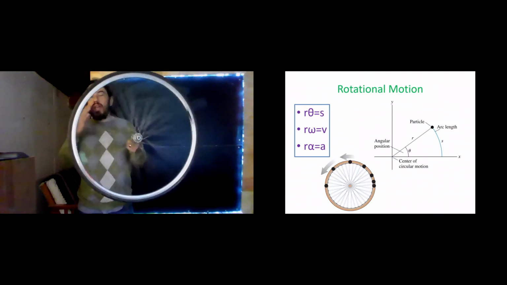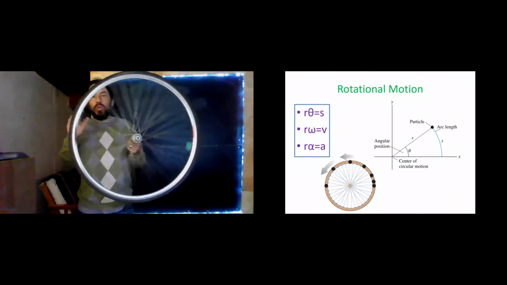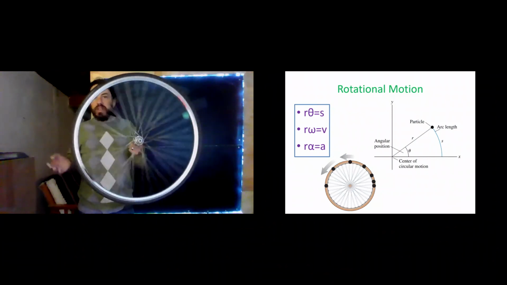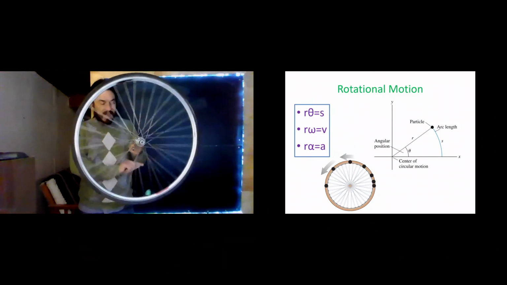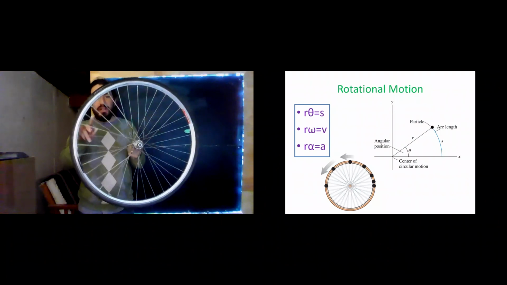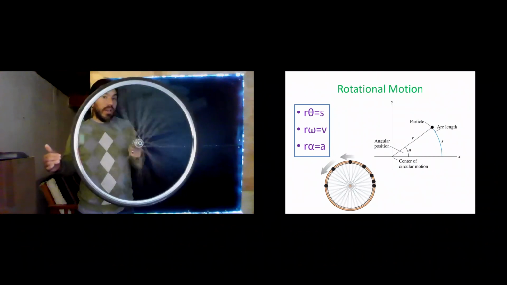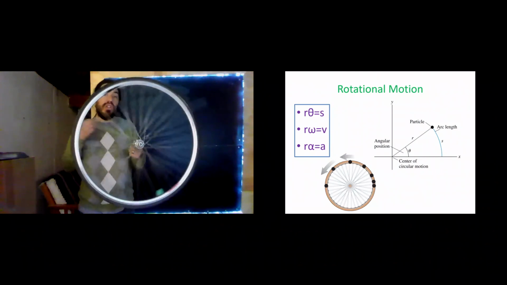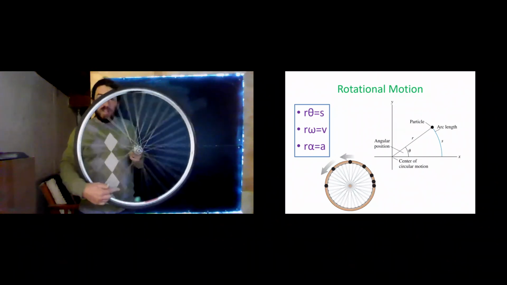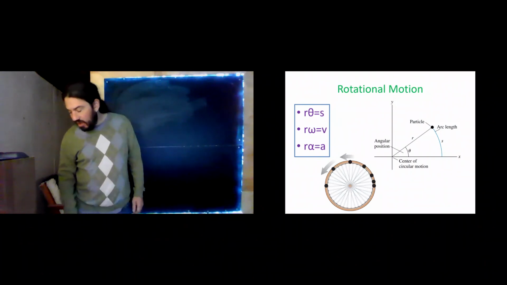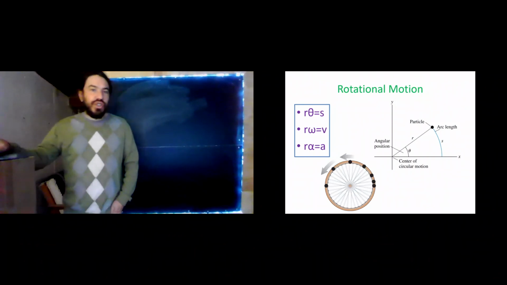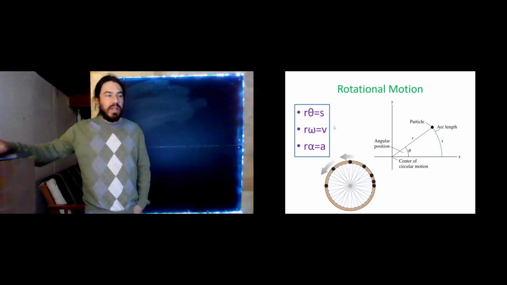Alternatively, we could compare the rate of rotation of the wheel to the linear speed of that piece of tape. Or we could compare the angular acceleration of the wheel as a whole to the linear acceleration of a single piece of tape. So again, these equations' job in life is to get us from the linear world to the angular world.